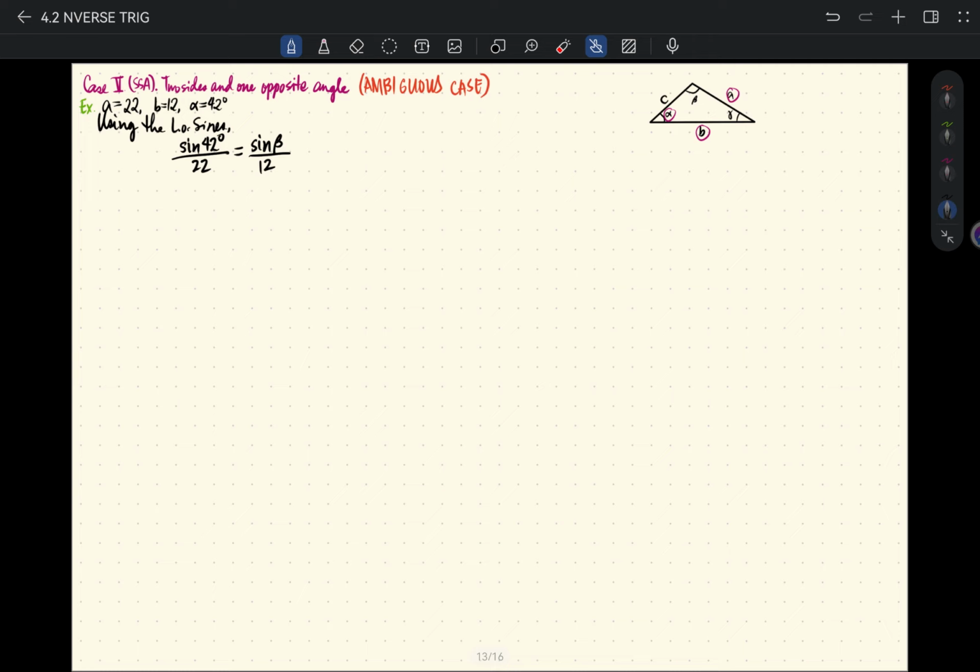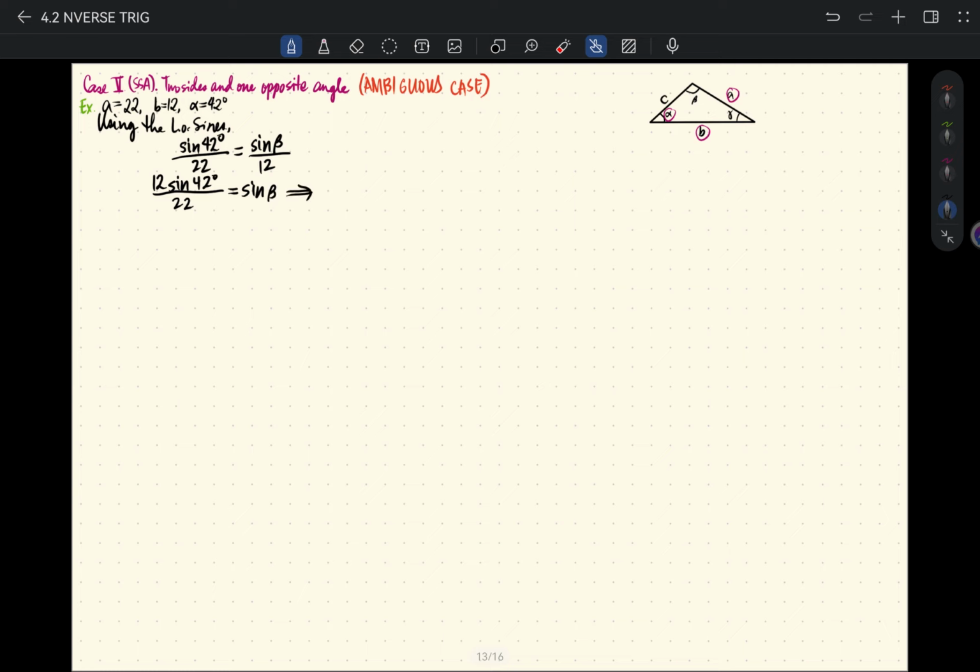Then how do we solve for beta? We just multiply both sides by 12. We get here 12 sine 42 degrees over 22 equals sine of beta.